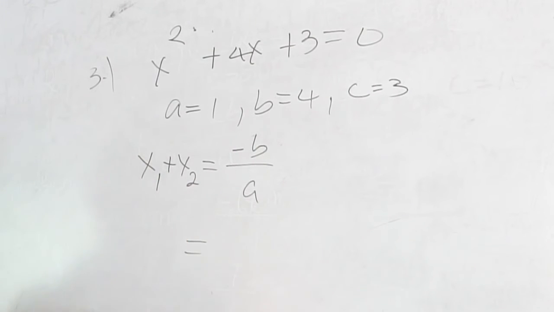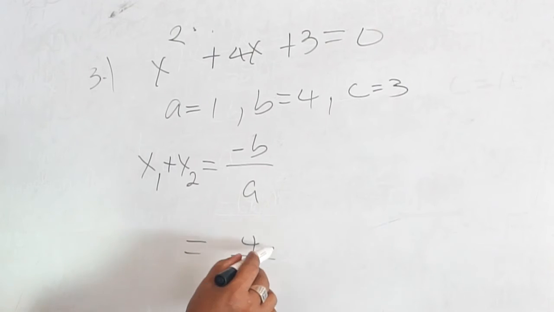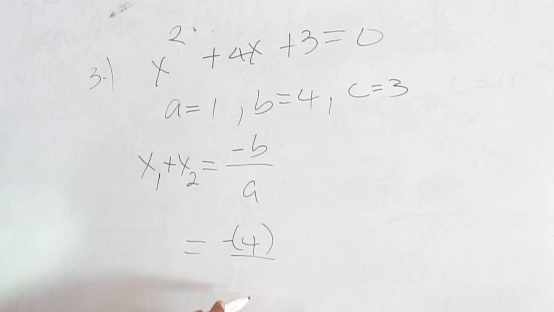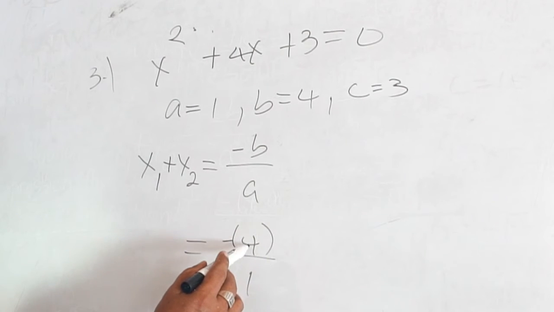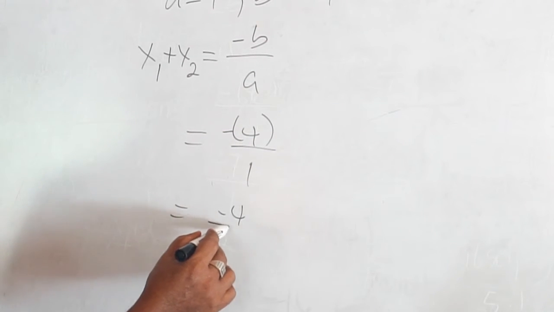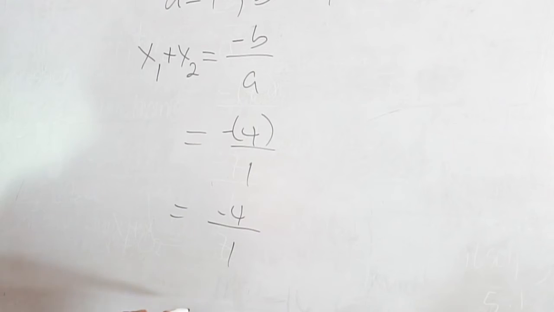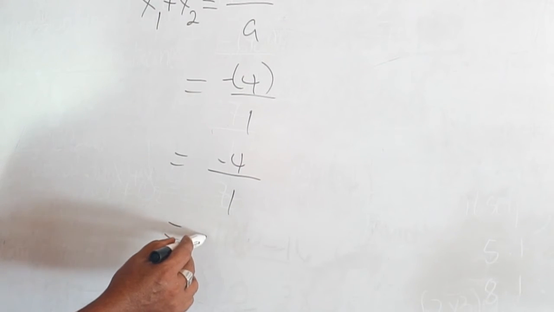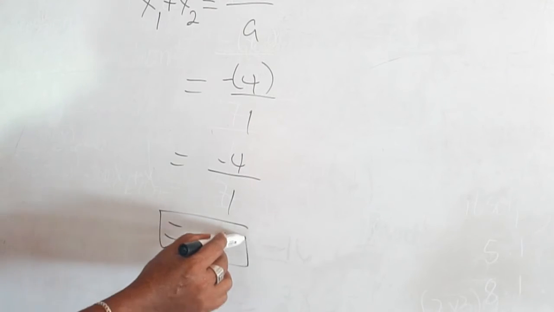The value of b is 4 and the value of a is 1. Negative times positive 4 is negative 4, then divide it by 1. So the sum is equal to negative 4.